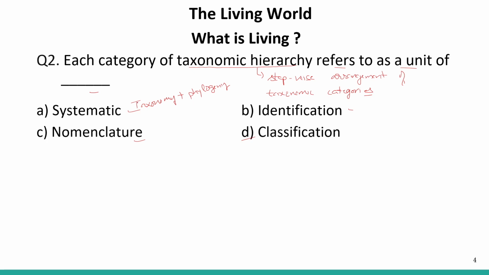Taxonomy includes identification, nomenclature and classification, plus phylogeny, meaning evolutionary relationship, makes systematics. Okay, so this option is not correct. Second is identification, which is also not correct. Nomenclature, what does nomenclature mean? Naming of the living organism.